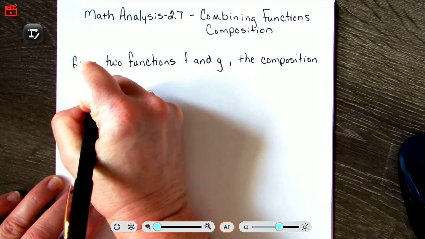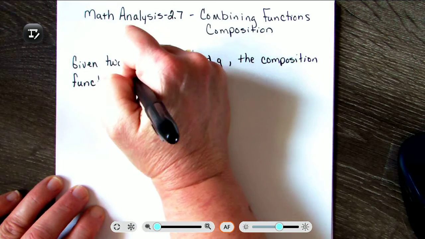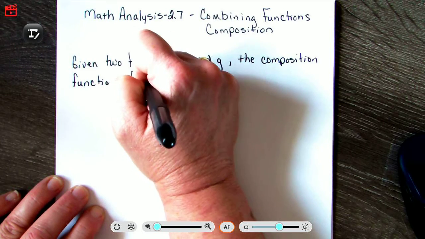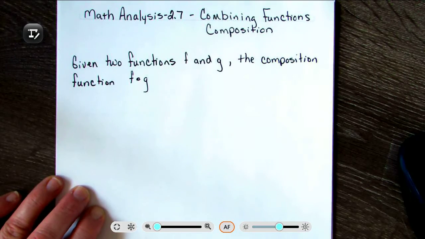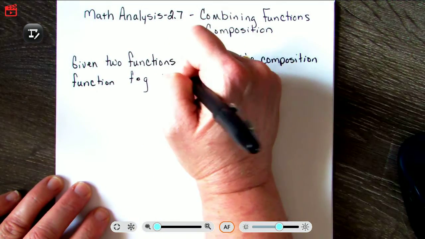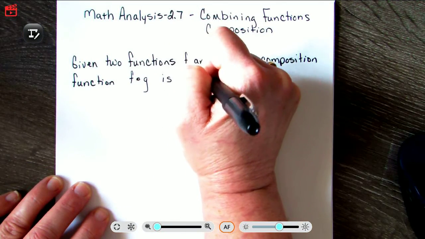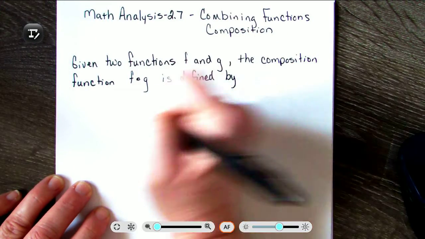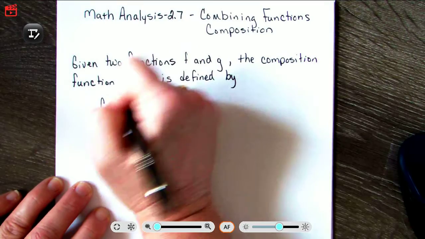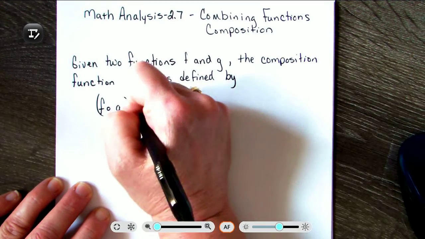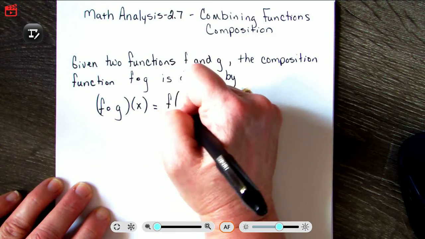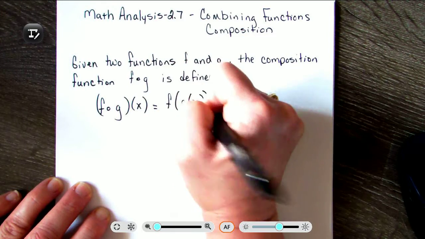First of all, the way we'd write it is f with a little circle. That's an open circle, so it's not a multiplication. g. And the way it is defined by f, so it's read f composed with g of x is f of g of x.